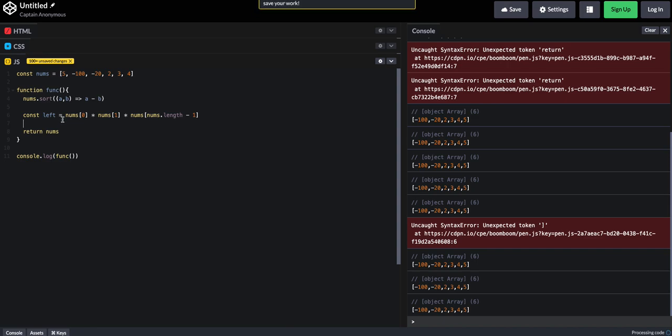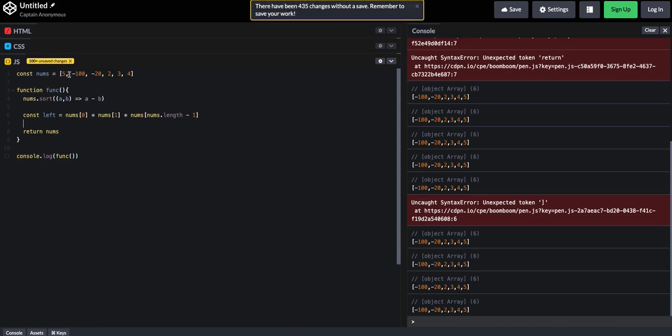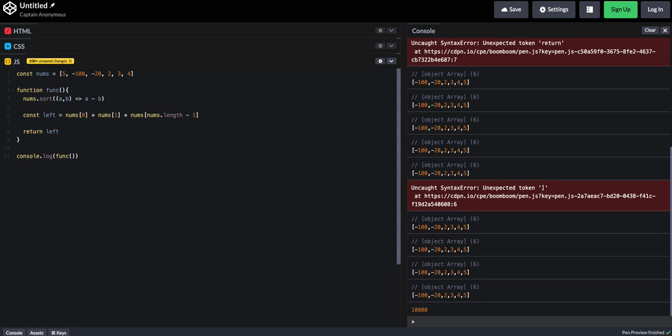Okay, let's return left, and what we should be getting is 2,000, was 2,000, 8,000. Did I do math wrong? 10,000. Oh, because it's a 5.